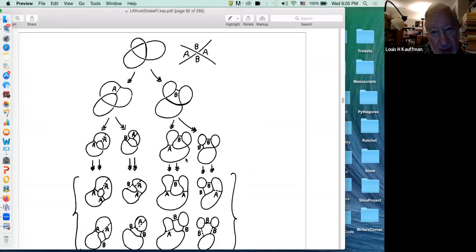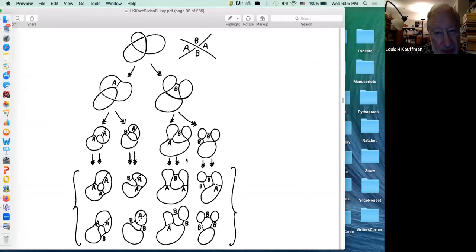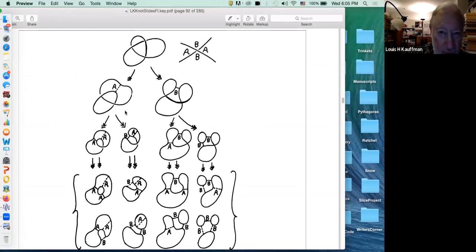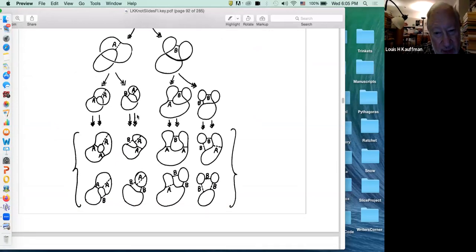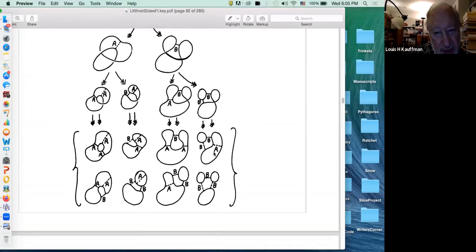And we talked about how in expanding the bracket, you get, of course, 2 to the n different states of the bracket, because for every crossing, you're going to smooth it one way, and you're also going to smooth it the other way, so that the summation that gives rise to the polynomial is the contributions of the 2 to the n different ways of smoothing the crossing.